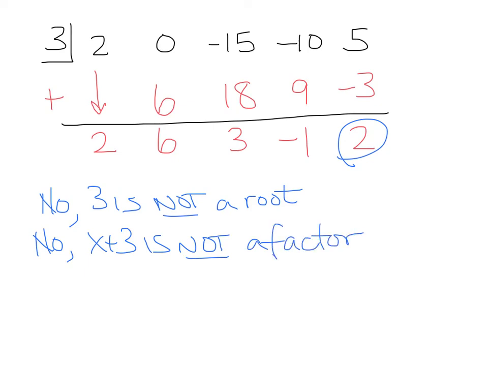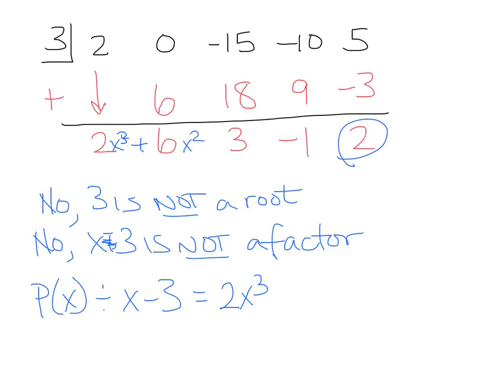And what we do know is that p of x divided by x minus 3 is equal to 2x cubed, because we go down a factor, plus 6x squared plus 3x minus 1, with a remainder of 2. The remainder of 2.